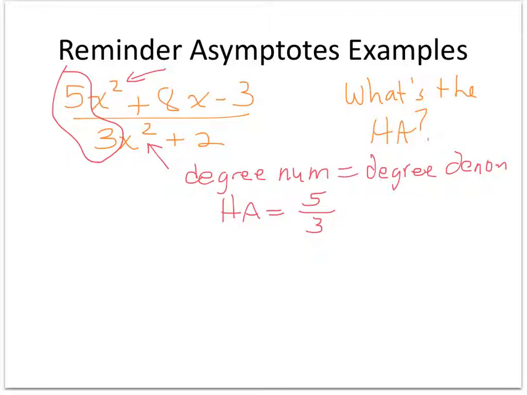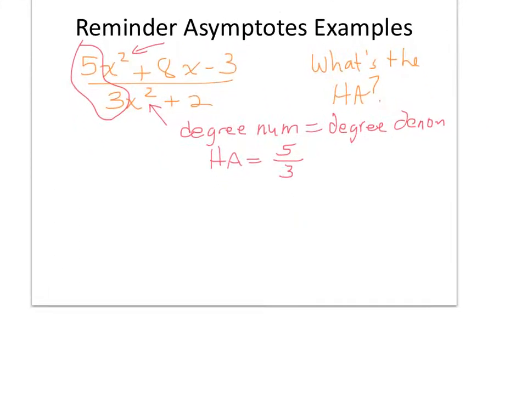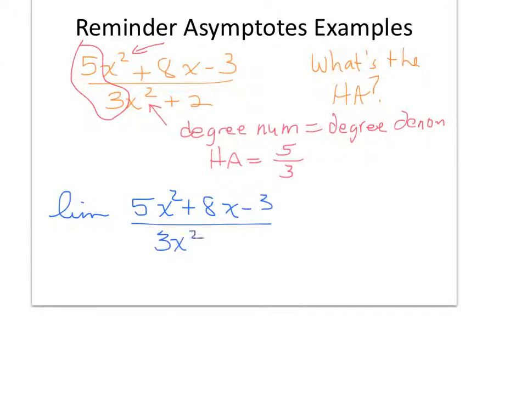Now, of course, on the test, I'm going to want to see all this work, meaning that if I want to find the limit of 5x squared plus 8x minus 3 all over 3x squared plus 2 as x heads to infinity, all that I just wrote is the definition of the horizontal asymptote.